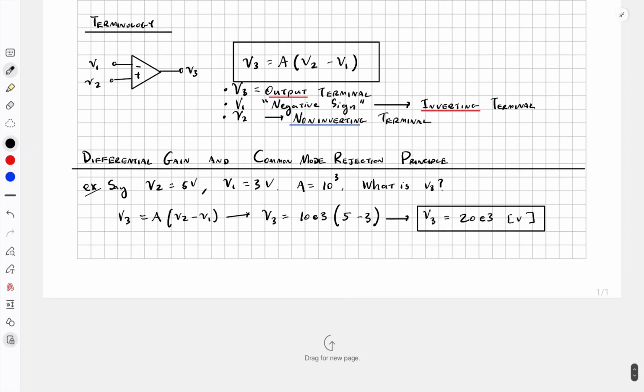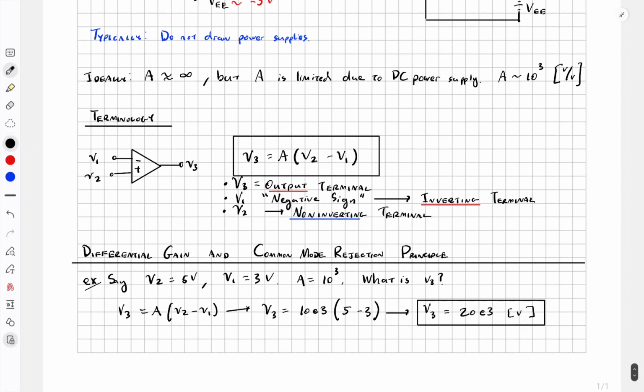Clearly V1 and V2 are different. One is at 5 volts, the other is 3 volts. So what is that called? When the two inputs are different, we have a name for that. It's called differential input.